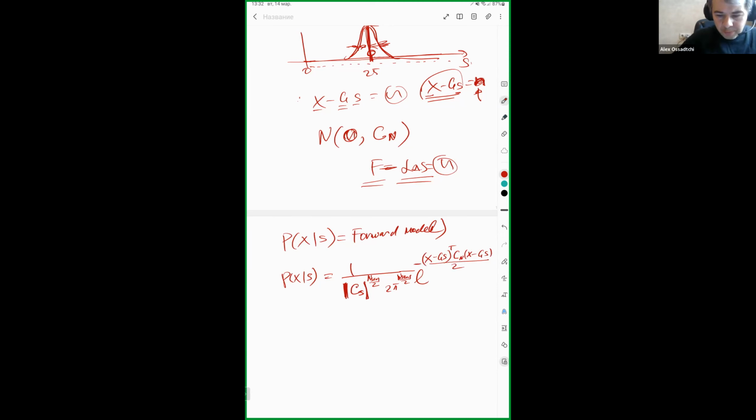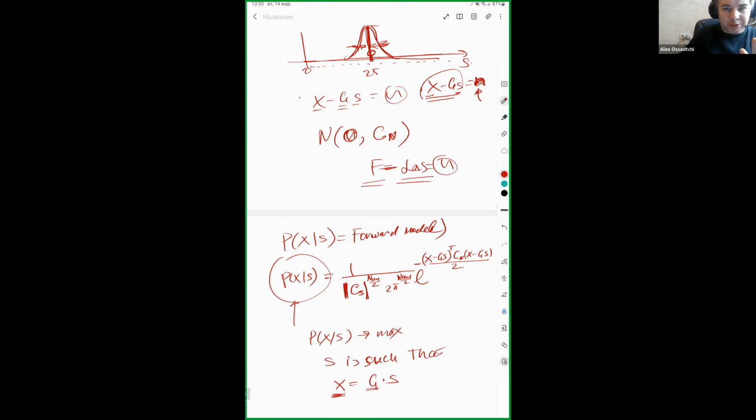Okay, so see, this guy, P of X given S, is maximum when S is such that X is equal to G times S. X is your data, you have it, you measured it, that's it, okay?